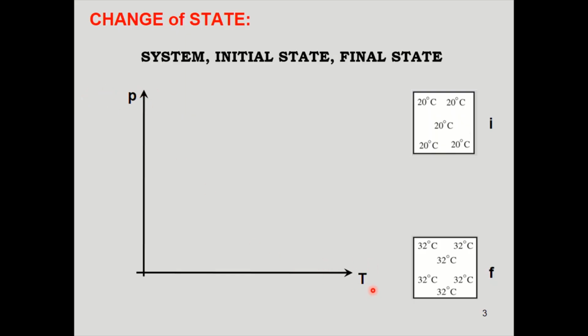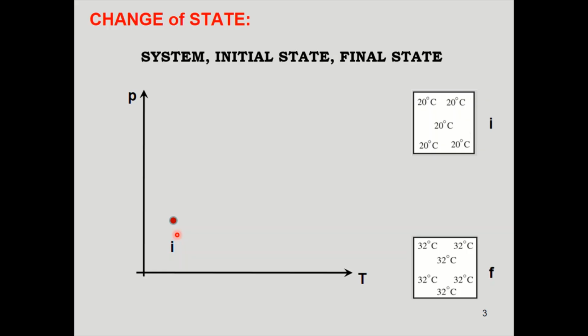Now plot the initial point. We know that a state can be represented by a point. State means state in equilibrium. When it is in equilibrium, temperature is 20 degrees Celsius. Say here is 20. Pressure is 2. Say here there is 2. So the point will be somewhere here. That is the initial point.